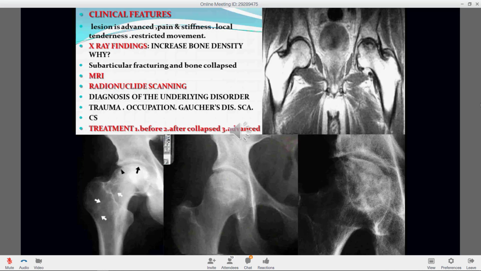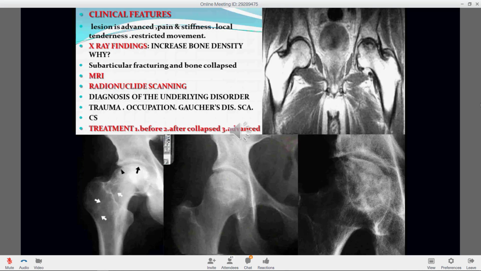And with time, with the possibility of bone collapse, there will be subarticular fracturing, and this will appear as a crescent-like fracture, just subarticular in the subarticular bone. The X-ray finding usually appears late.